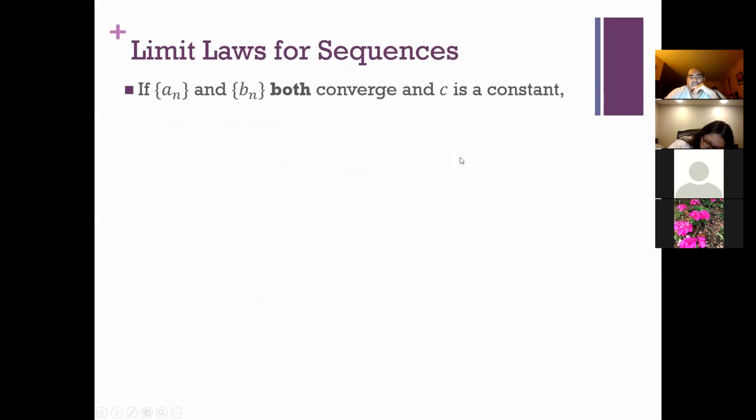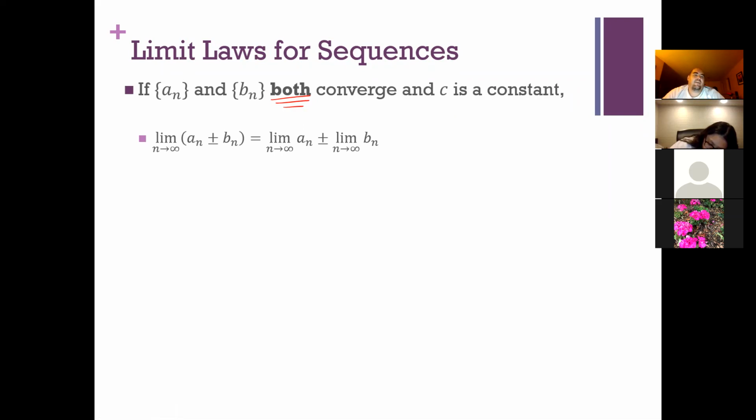So let's say I have two sequences, a sub n and b sub n, and I need them both to converge. Otherwise, none of the things I'm about to show you are true. And c is just some real constant. If both those things are true, then here are some things you get to take advantage of.